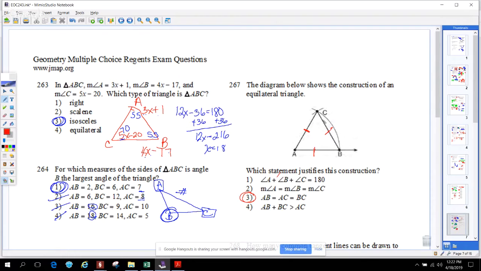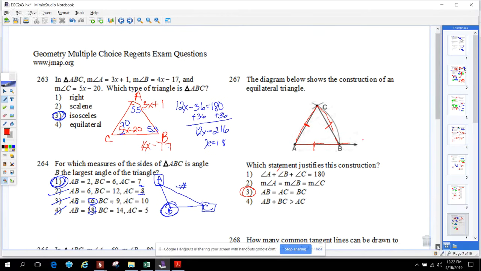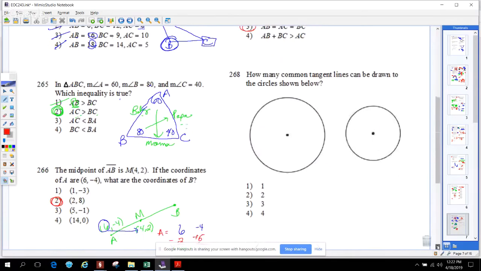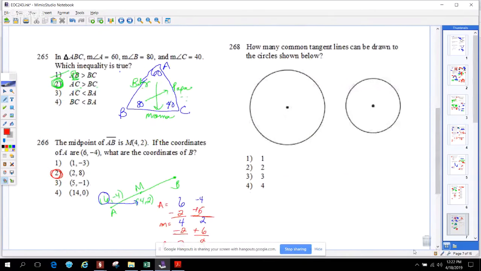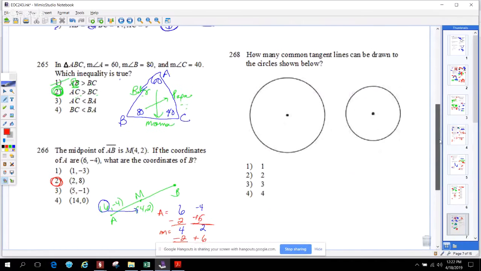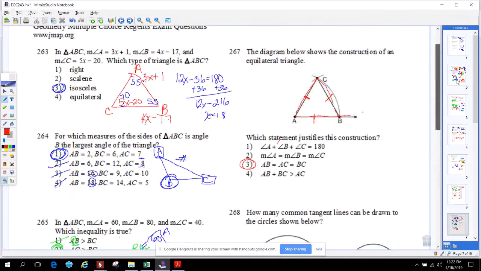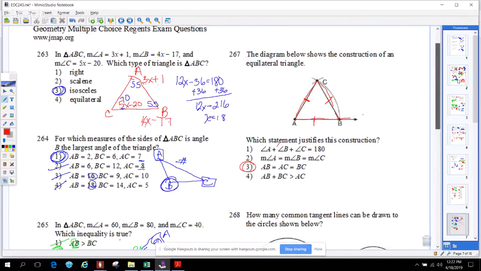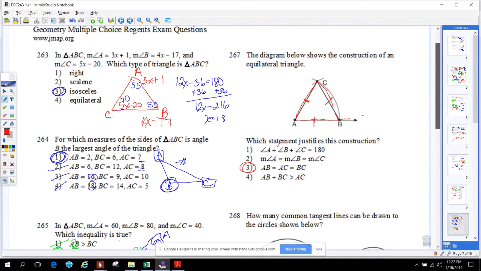So basically, we would start with a line segment, copy that segment, and then copy that segment again. I would be surprised if we do that down here. Usually the ones I see down here are perpendicular bisector and angle bisector. We wouldn't really do draw equilateral.